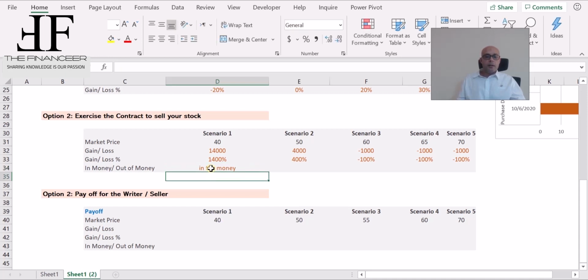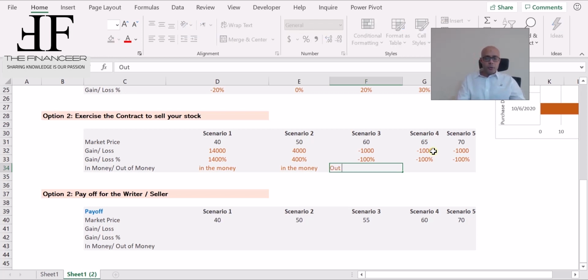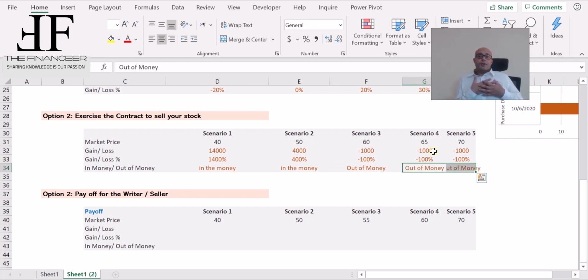This will be the type of the contract based on these gains and losses. But if the contract started to achieve losses, such as the third, fourth, and fifth scenarios, in this case the contract will be out of the money, because actually the buyer paid something and he didn't exercise, so the contract will be out of the money.